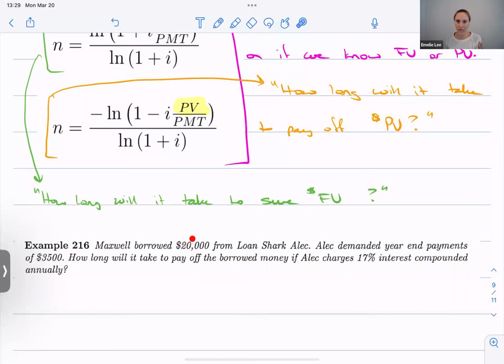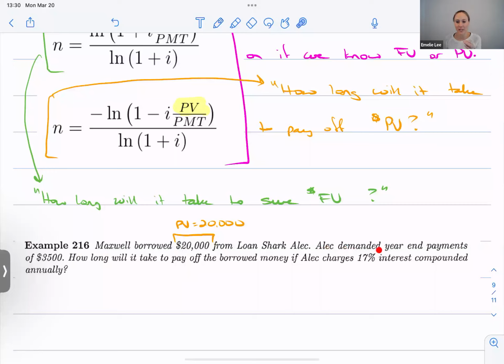If we borrowed money, we have to pay it off. And so right away, we know that this present value is 20,000, okay? That takes practice, seeing that right away, but that's where I want you to get to.